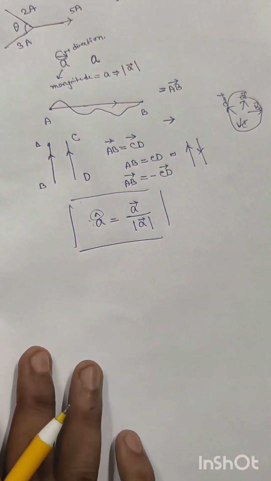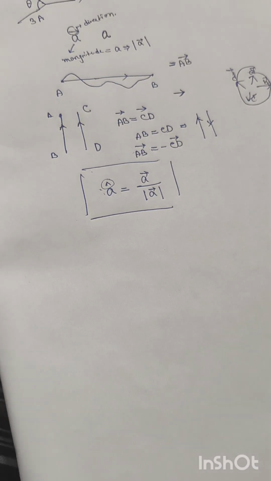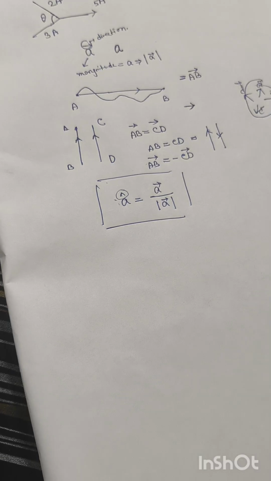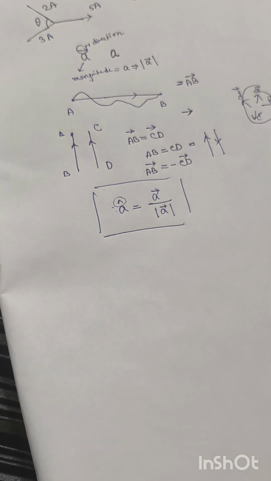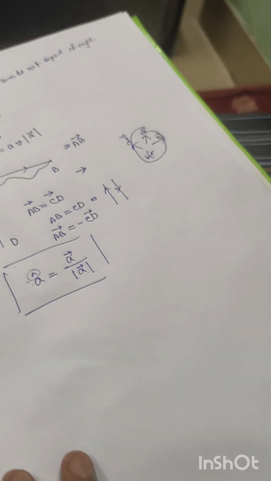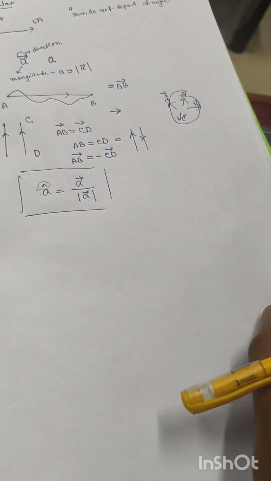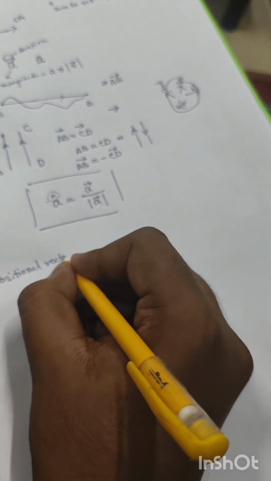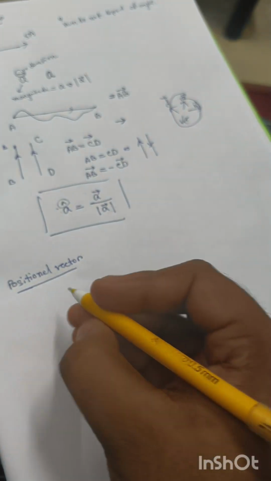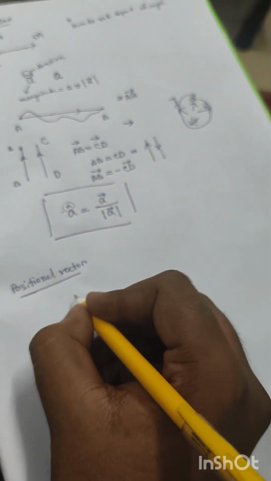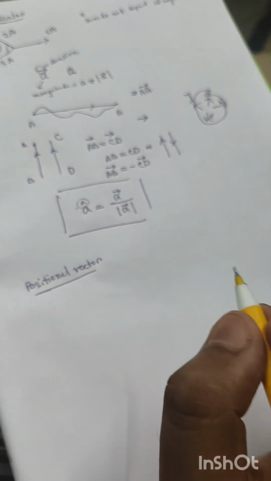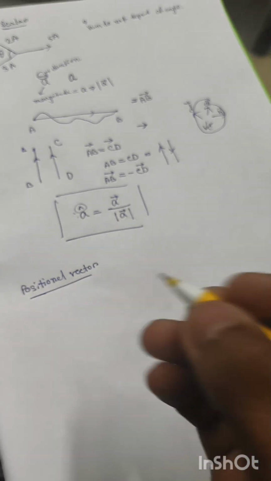Now the most important vector, that is the positional vector. And for the positional vector, we use 3 unit vectors that define the x direction, y direction and z direction.